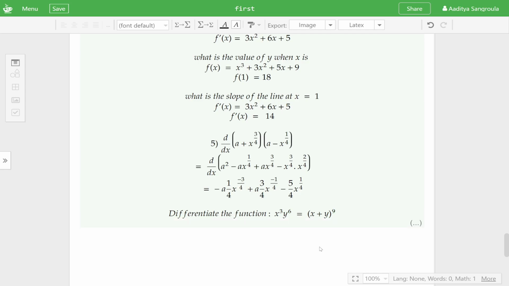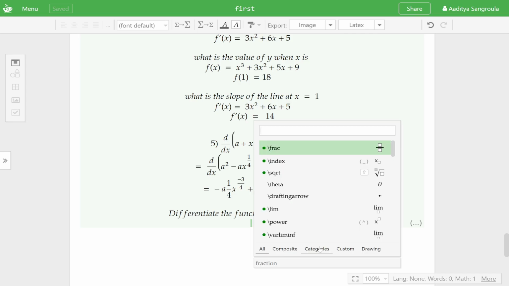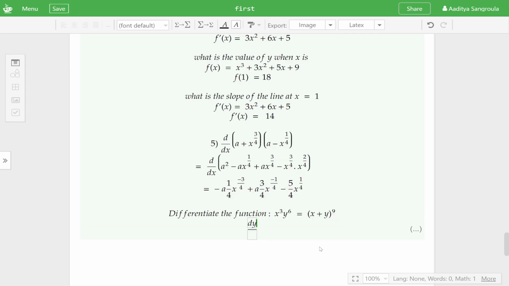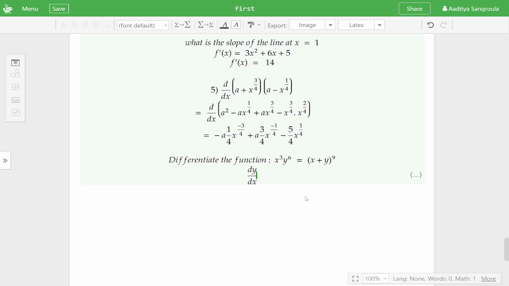So how do we differentiate this function? Now, what it means to differentiate is to find dy over dx. So we need dy over dx, which is what we want to find, right?